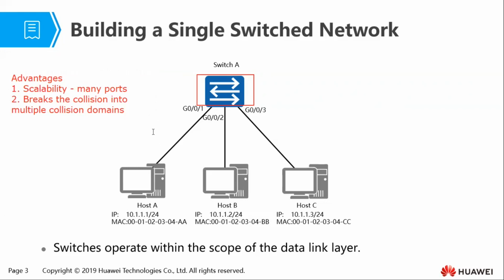So what that means is once you have your switch here, if you're using, for example, 10 base T, then a collision can occur here. A collision can also occur here because it can send and receive over the same wire pairs. A collision can occur here and there.